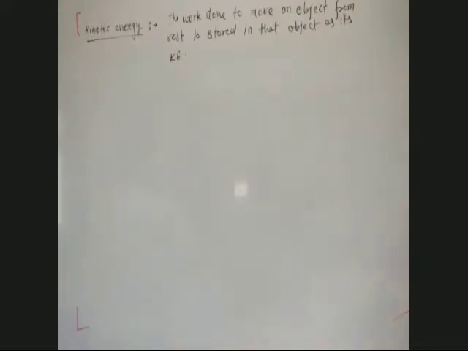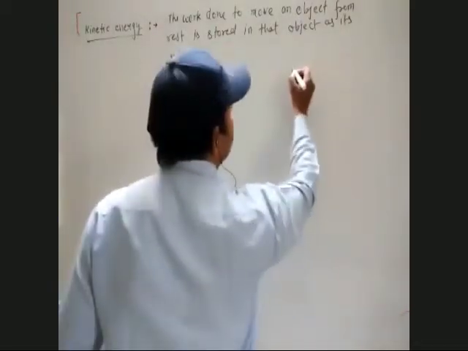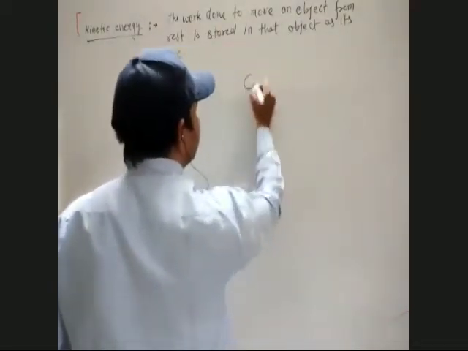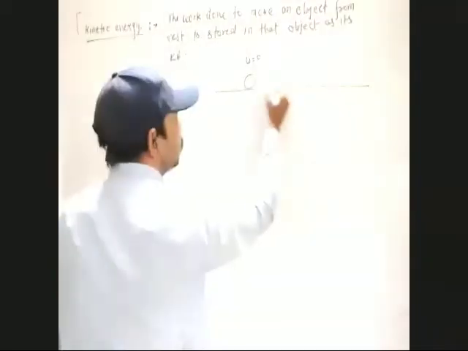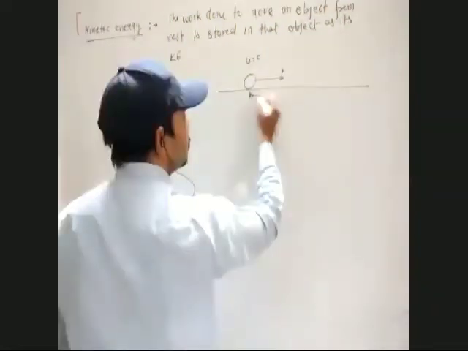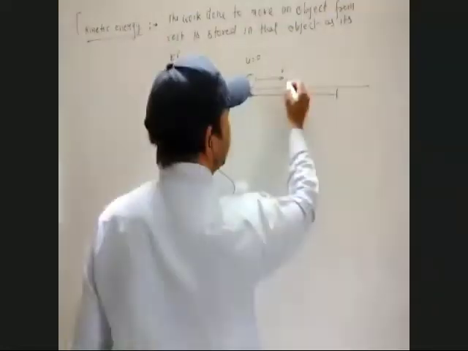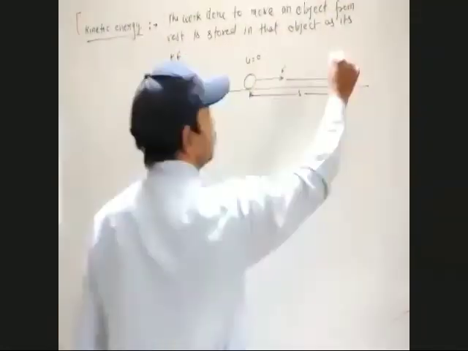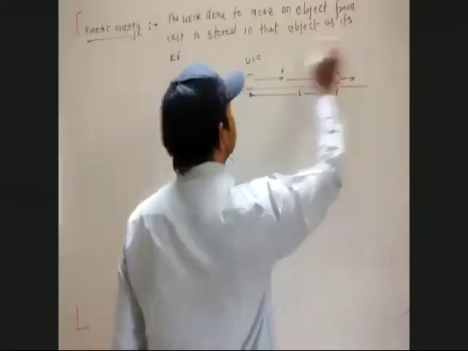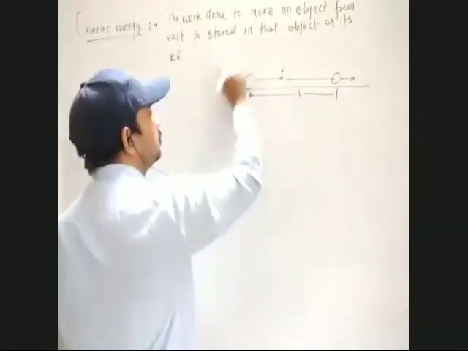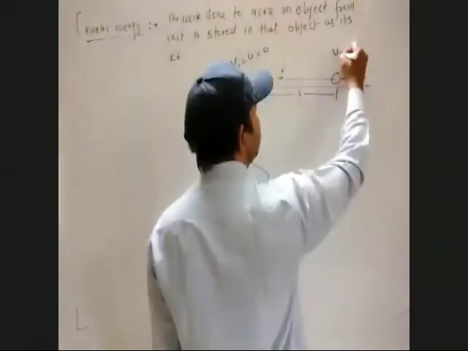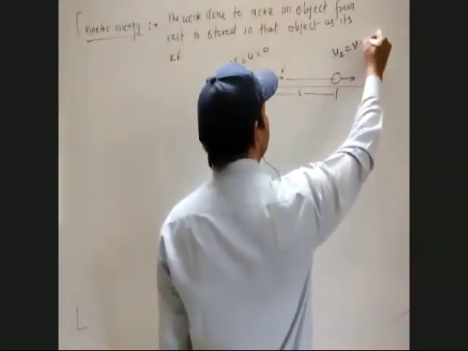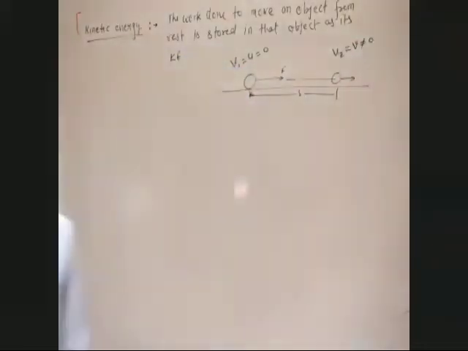Suppose here we have an object at rest, U is equal to 0. I applied some force till a distance or displacement S and left it. Here its initial velocity V1 is equal to U, which is 0, and its final velocity V2 is equal to V, which is not equal to 0.